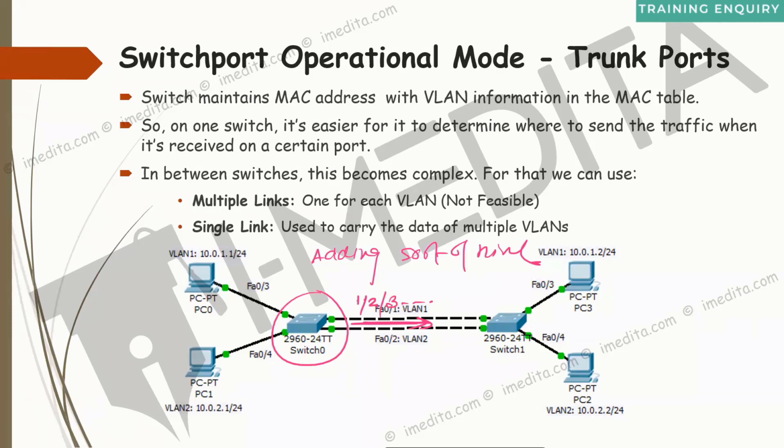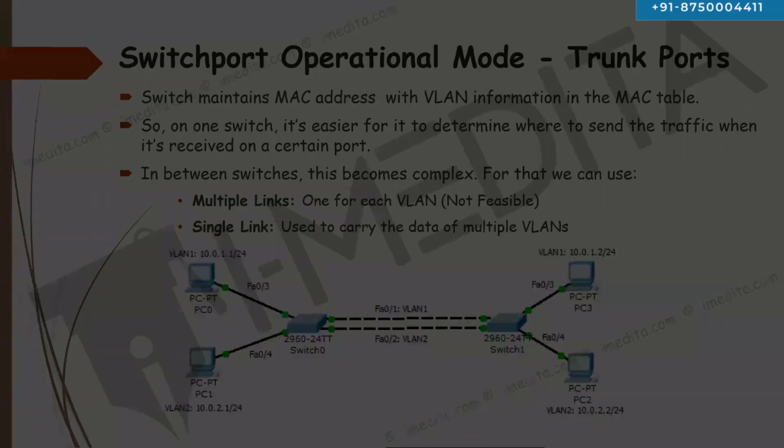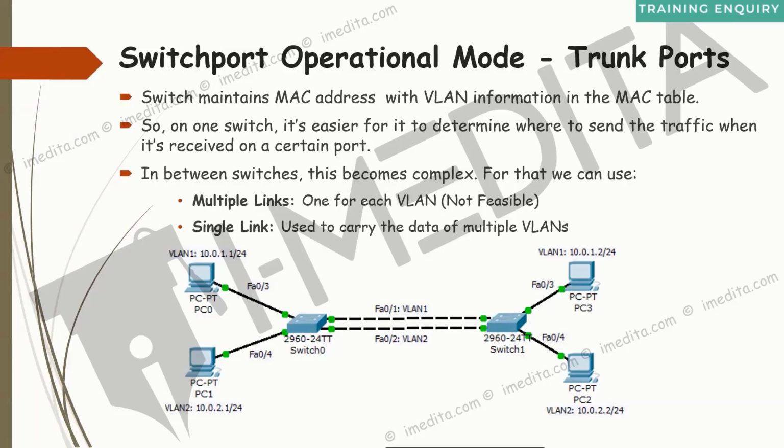That indication, that hint, is added in the data itself, and that addition is what we refer to as the VLAN tag. VLAN tagging is done so that the switches know which particular VLAN the data belongs to.